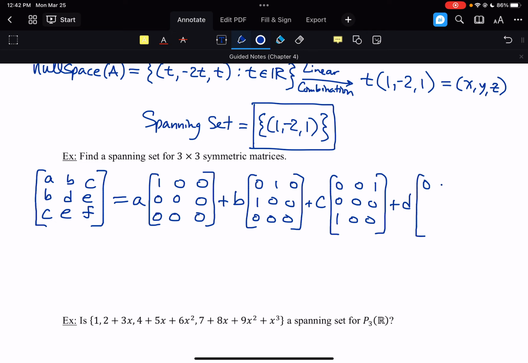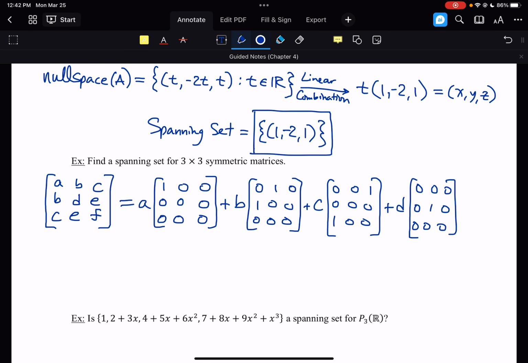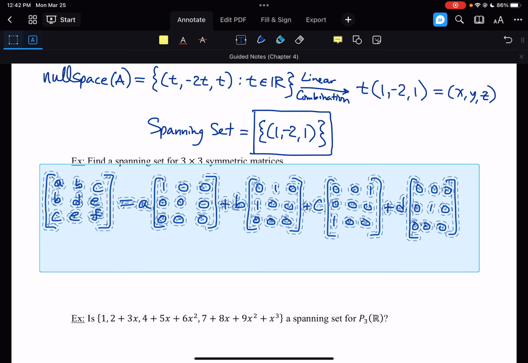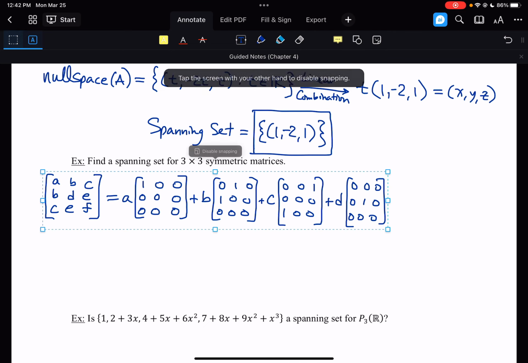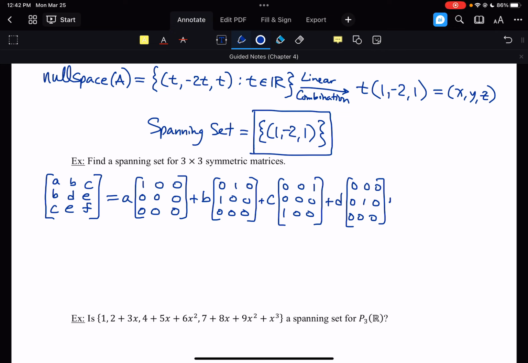D, just one in the middle there. I think I need to shrink this down a little bit. Plus E. And F, our last one.